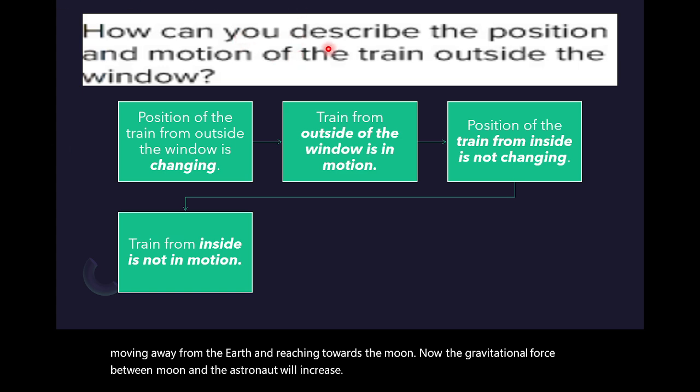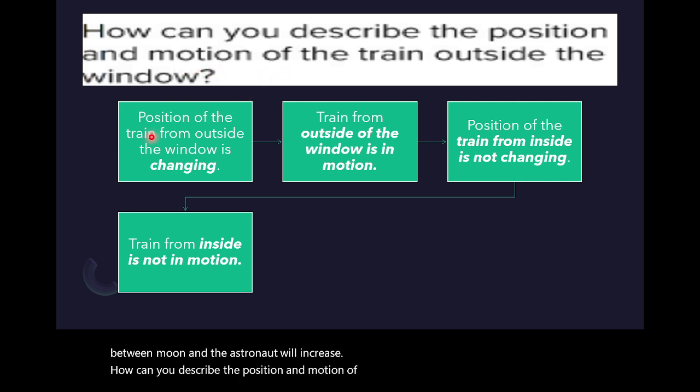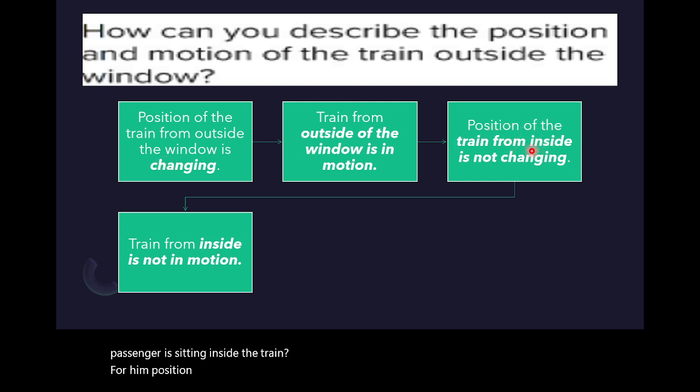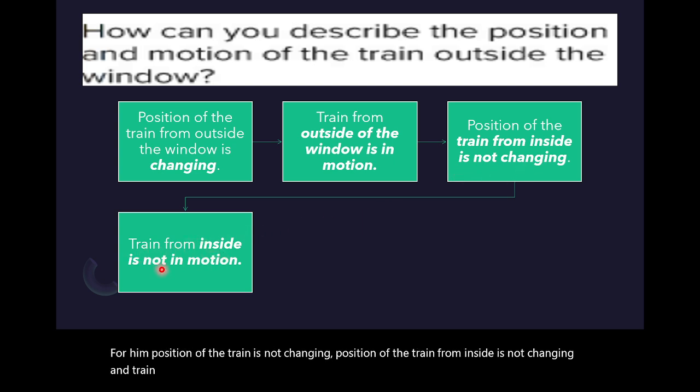How can you describe the position and motion of the train outside the window? If a passenger is sitting inside the train, for him the position of the train is not changing, and the train is not in motion from inside.